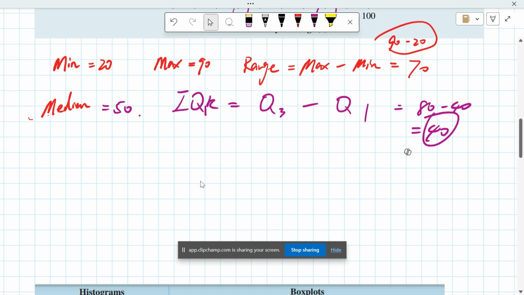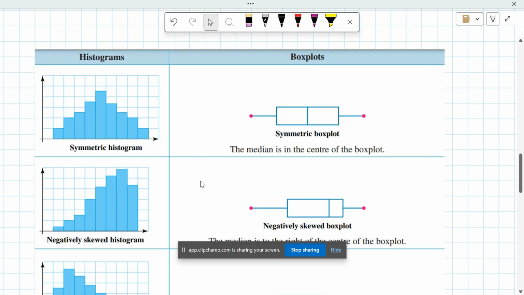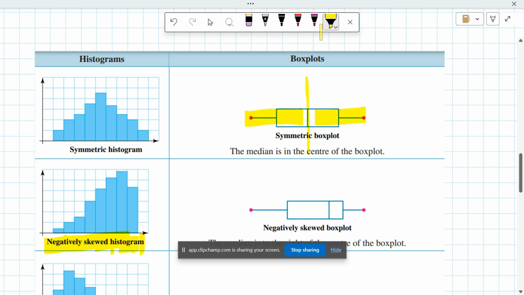Hopefully that makes sense. And now we're going to involve some histograms with the box plot. The first one is called a symmetric histogram, where the area on the left and right will be equal and split at the median. For the negatively skewed histogram, you remember the data is going up, so your line will be like this.